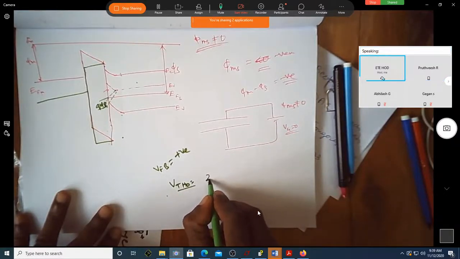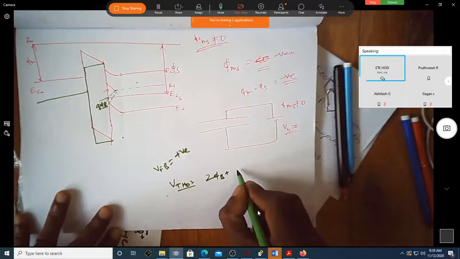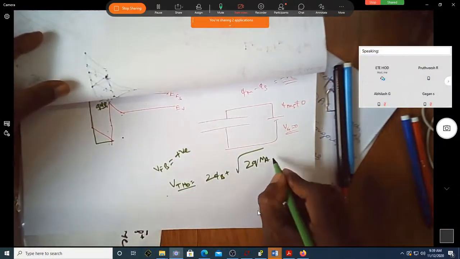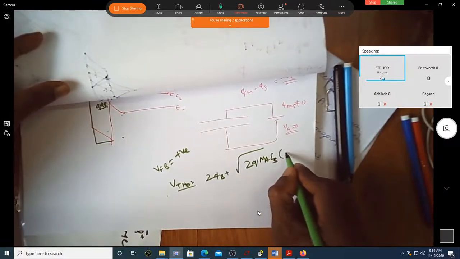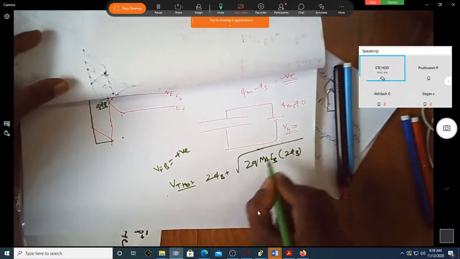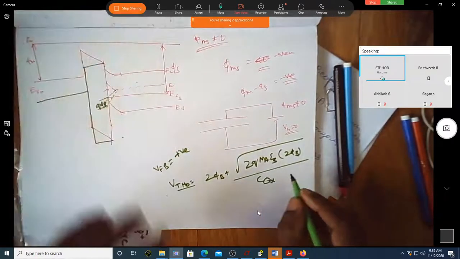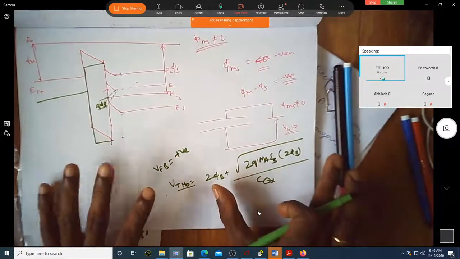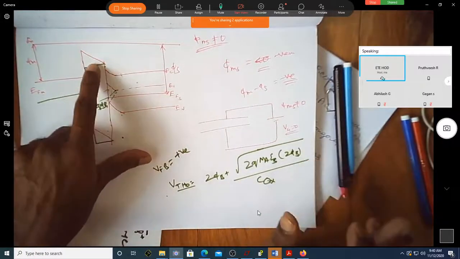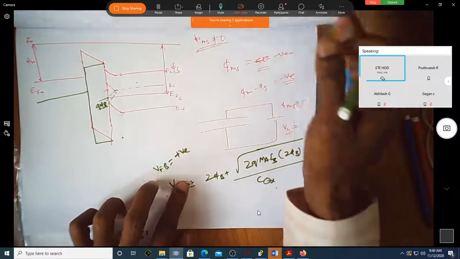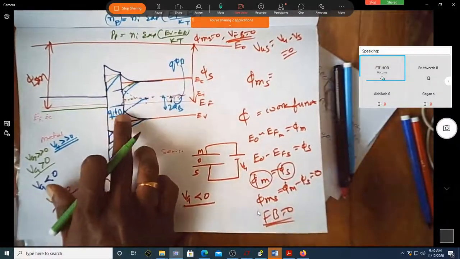Shall I write it as 2 phi B plus under root of 2 q Na epsilon S 2 phi B, divided by Cox? This was in the earlier case where the band is already flat. If you apply this much, for the earlier case it was fine, you get that strong inversion.